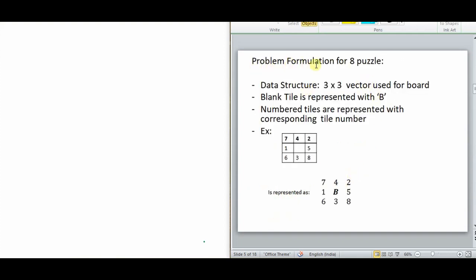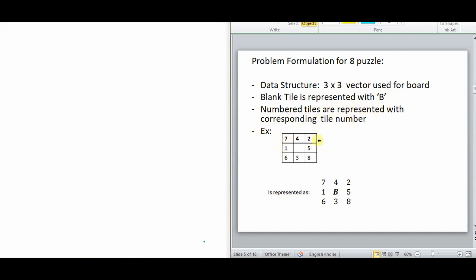So let us formulate the problem for the 8 puzzle. Problem formulation: the data structure required for this particular problem is a 3x3 vector for the board, so you require a 3x3 vector or a matrix. Now the blank tile can be represented with capital B, so capital B means blank tile. The numbered tiles are represented with the corresponding tile number.